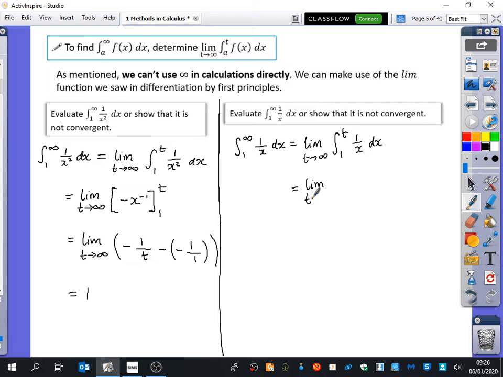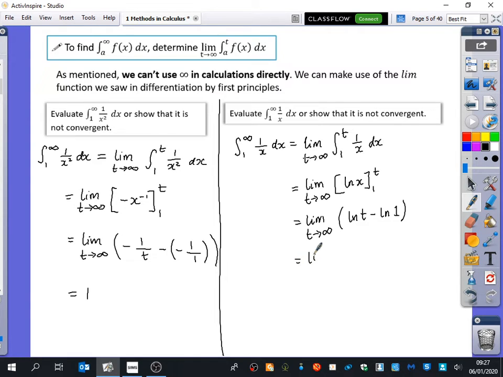And what does 1 over x integrate to? Good, ln x between 1 and t. So we have the limit as t goes to infinity of ln t minus ln 1. ln 1 is just 0.